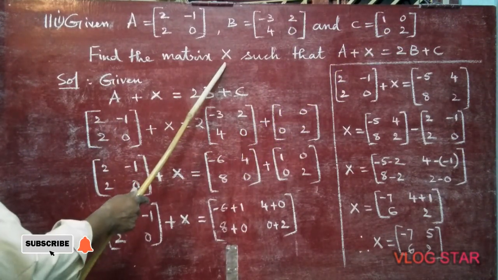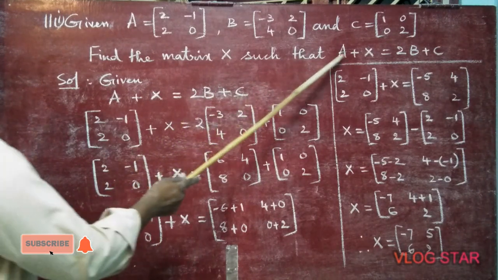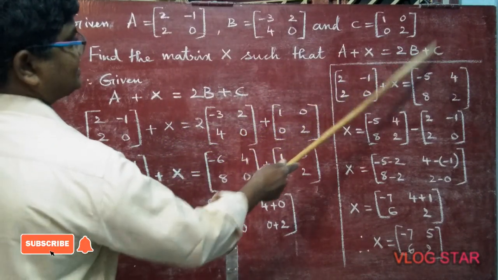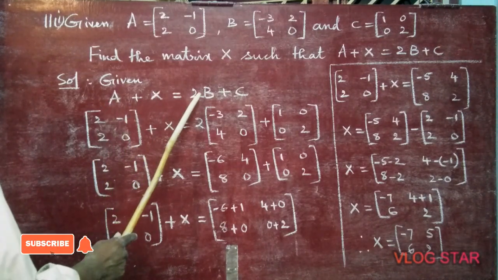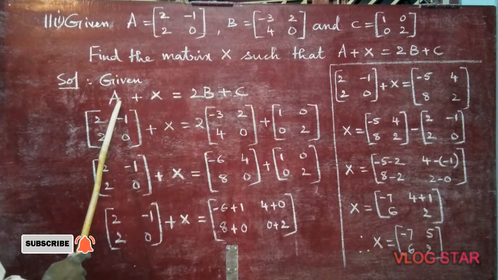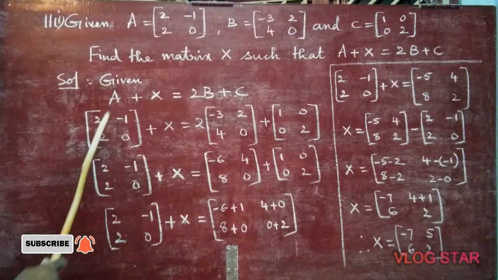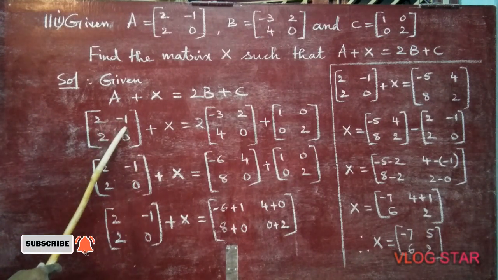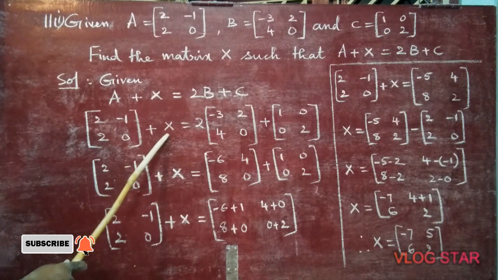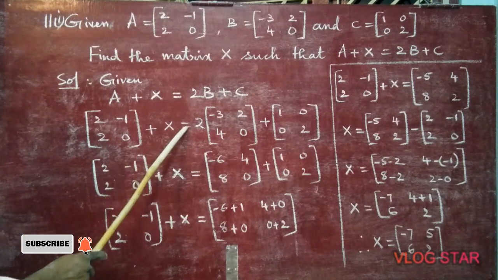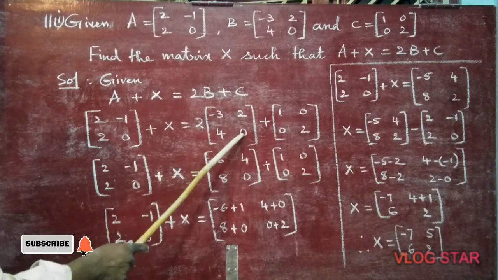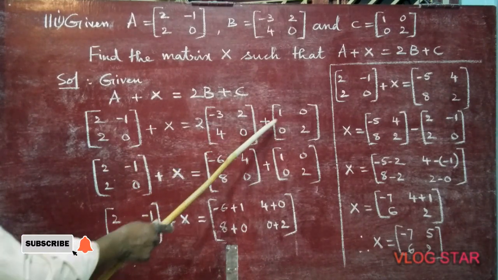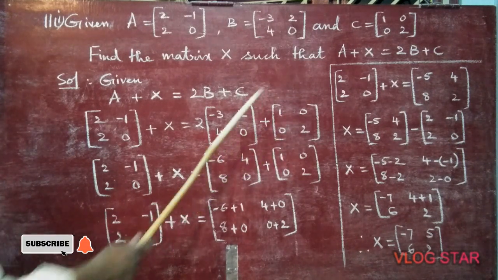Find the matrix X such that A plus X is equal to 2B plus C. So we have to find A plus X is equal to 2B plus C. Matrix A is given as [2, -1; 2, 0] plus X, an unknown matrix, is equal to 2 into B. B they have given [-3, 2; 4, 0] plus matrix C is [1, 0; 0, 2].